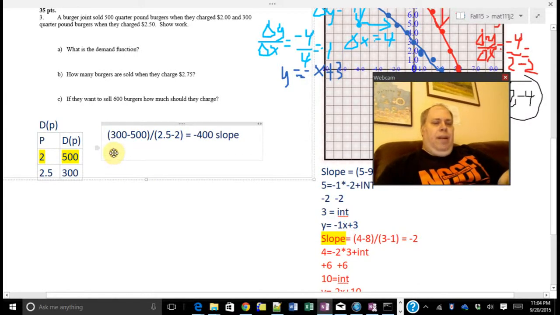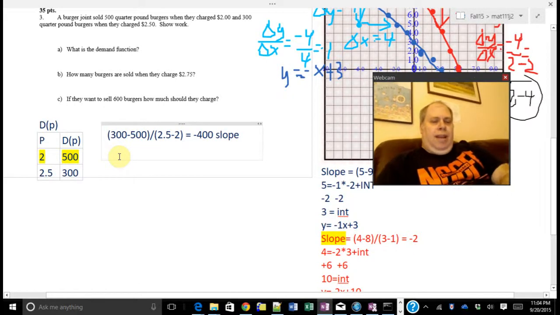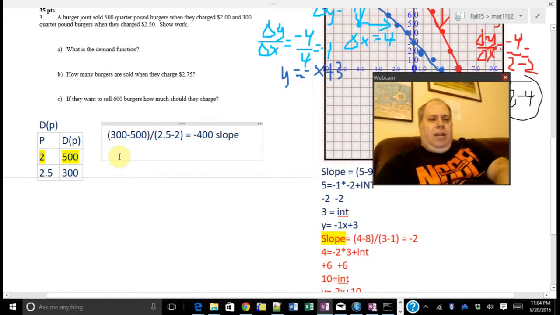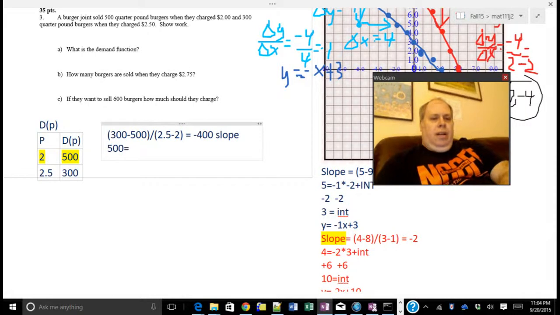So this time the demand value, the y value, is 500 equals slope negative 400 times 2 plus intercept. And what we're going to do is add 800 to both sides, because that'll cancel out the negative 800. That's going to give me 1300 is the intercept.